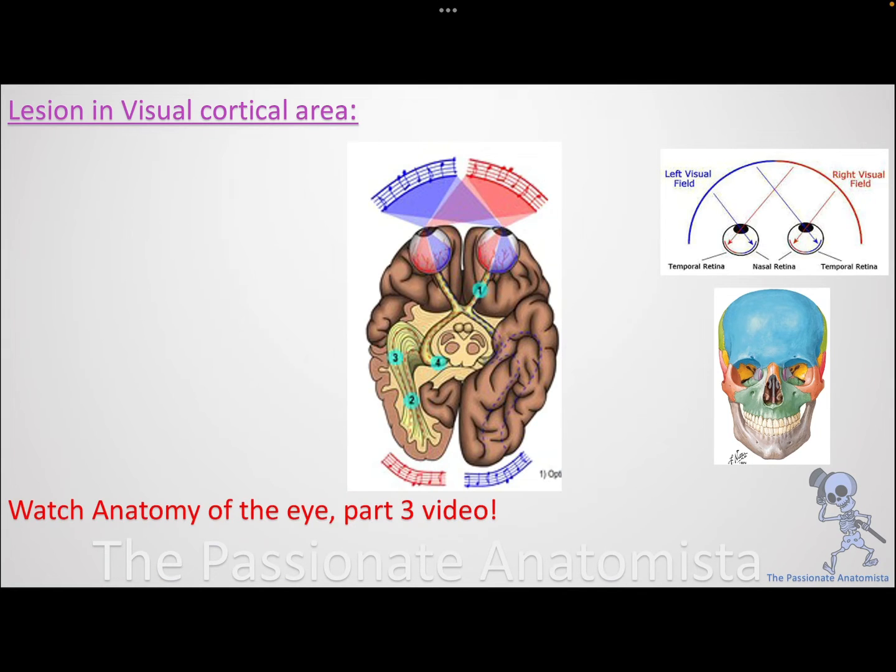Now, guys, it's important that you know what happens in the occipital lobe. Remember when we talked about the processing of the visual field all the way in the... no, we didn't talk about that here. It's explained in the eye videos. So guys, anyway, it's very important that you know what happens if you have a problem in the occipital lobe, visual areas number 17, 18, 19. This is your visual cortex.